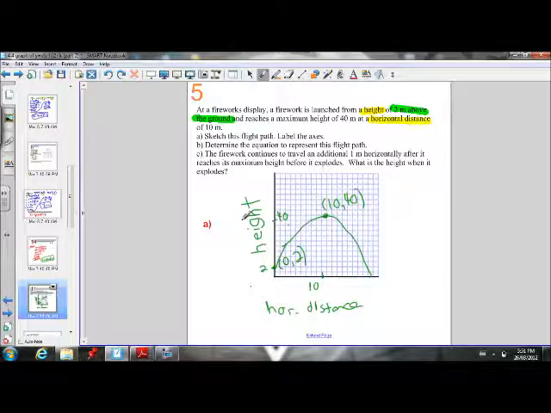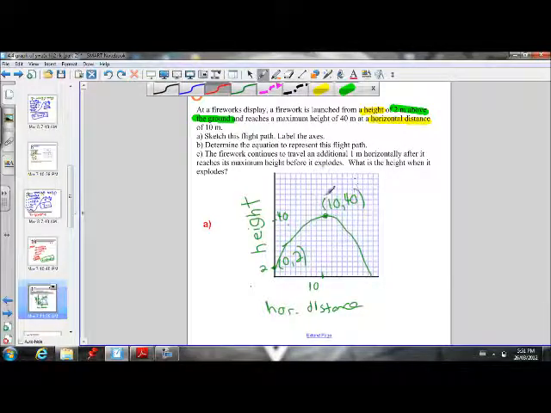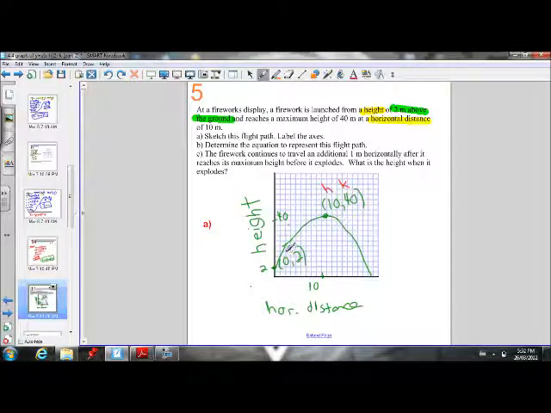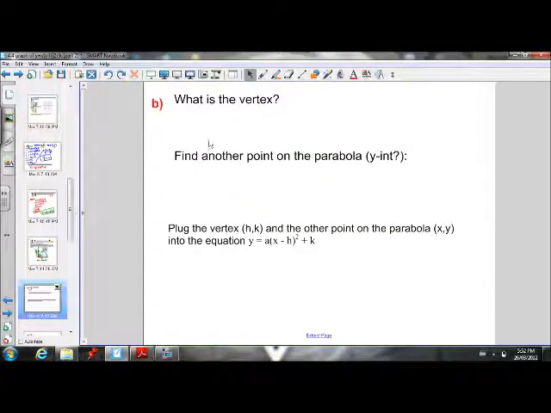So we now have 2 points. We have the vertex and another point on the parabola. We remember that these stand for h, k, and x, y. So we can write the equation of the parabola based on this information. So let's go ahead and do that. So what is the vertex?